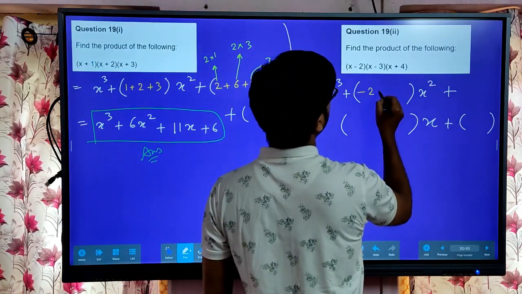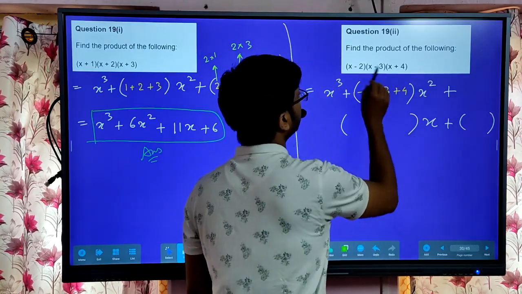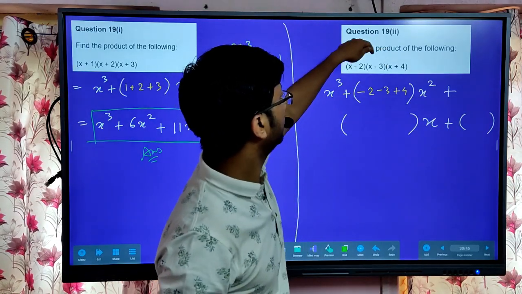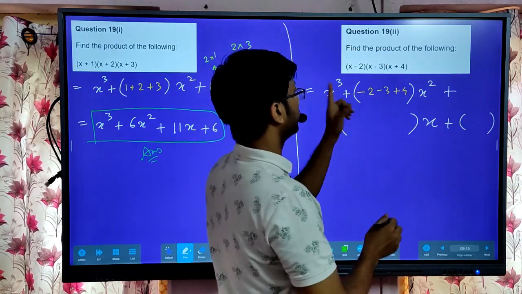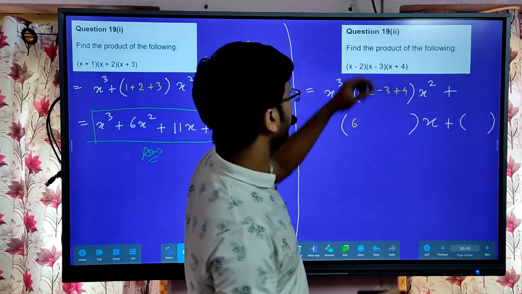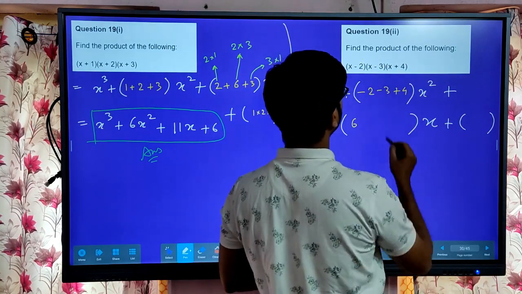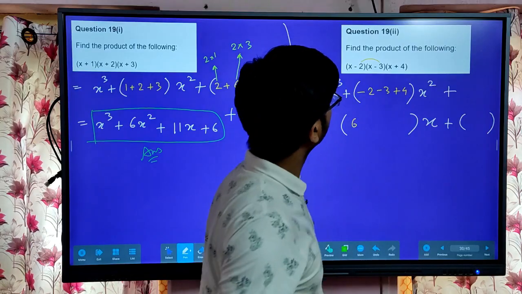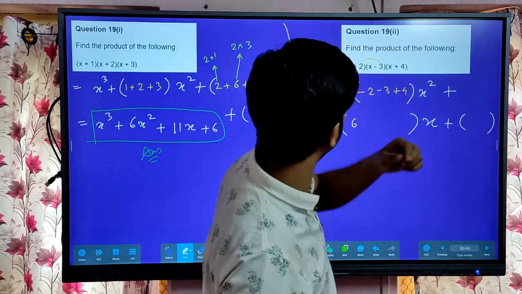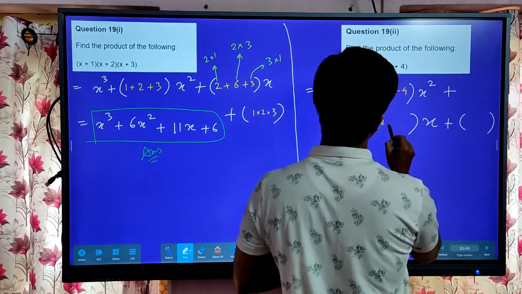Now fill up the gaps: minus 2, minus 3, plus 4. Then ab, minus 2 into minus 3, what will it be? 3 2s are 6, minus minus plus, so plus 6. You don't write plus over here. So ab is done. Then bc, minus 3 into plus 4, 3 4s are 12, plus minus minus, so minus 12.